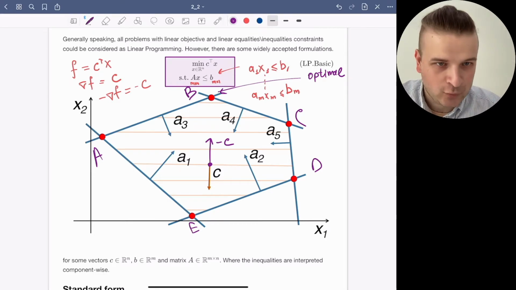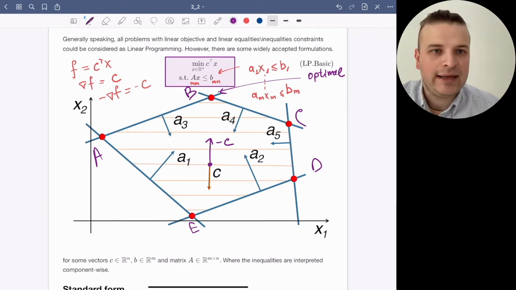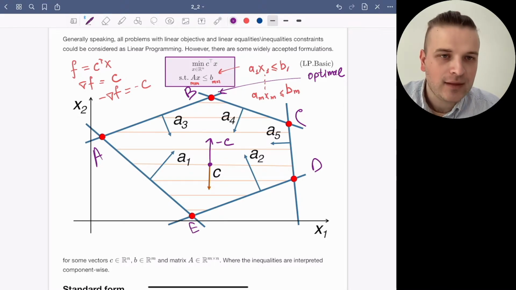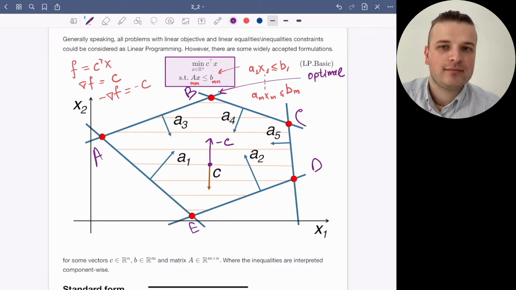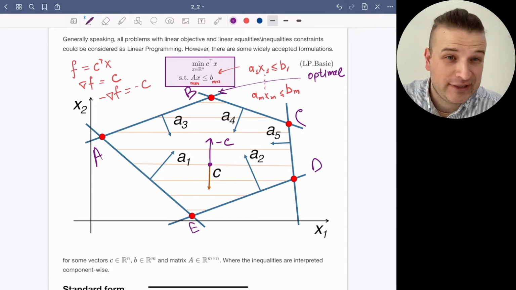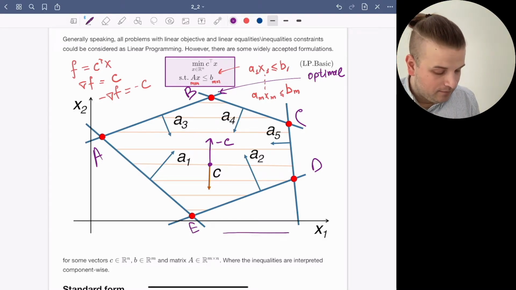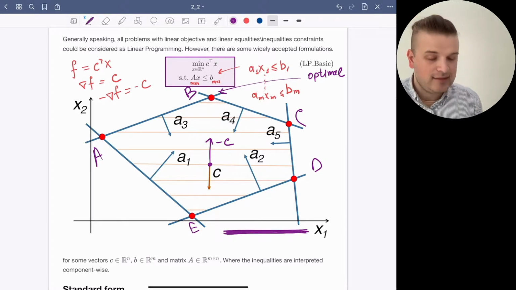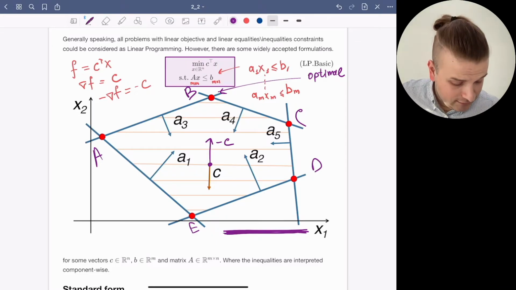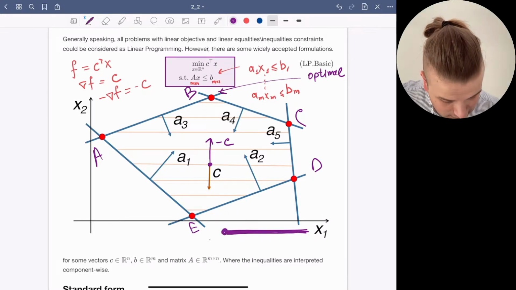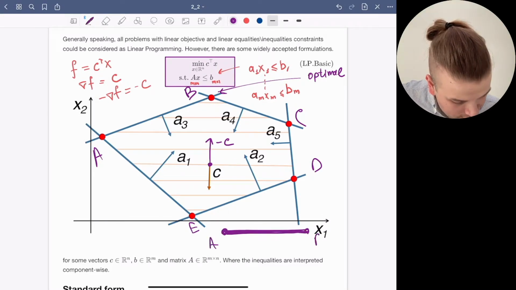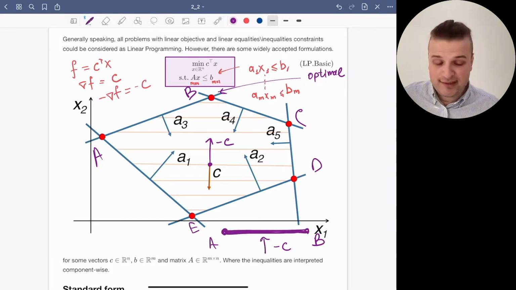And actually, the solution of linear programming will always lie in a vertex, except one degenerate case when, let's say, the AB side is orthogonal to your anti-gradient direction. Let's say this is AB of your polyhedron, and here you have the same anti-gradient minus c.